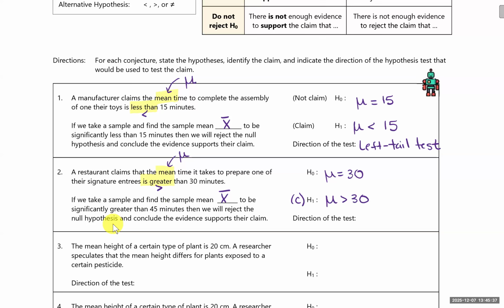I will fix that later. So if we take a sample and find the sample mean to be significantly greater than 30 minutes, then we will reject the null hypothesis and support that claim. All right, so think of a number line. Numbers bigger than 30 are to the right of 30, and that's why we call it a right tail test.